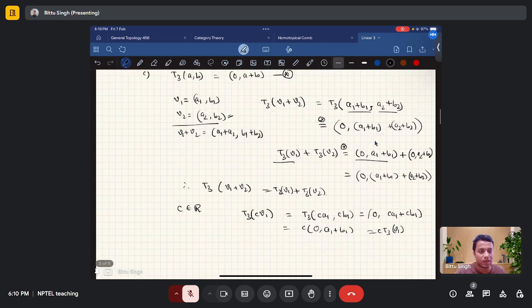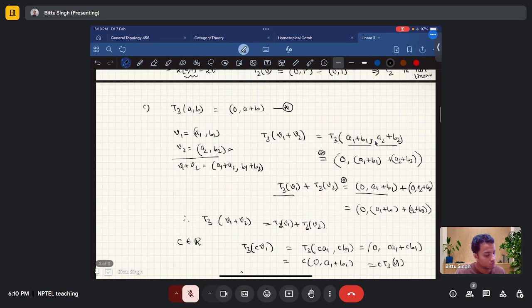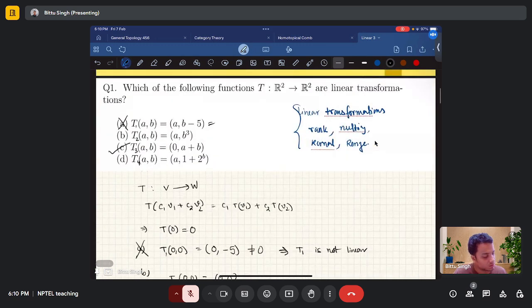Therefore T3 preserves scalar multiplication also. Therefore T3 must be linear. So option C is the correct answer.